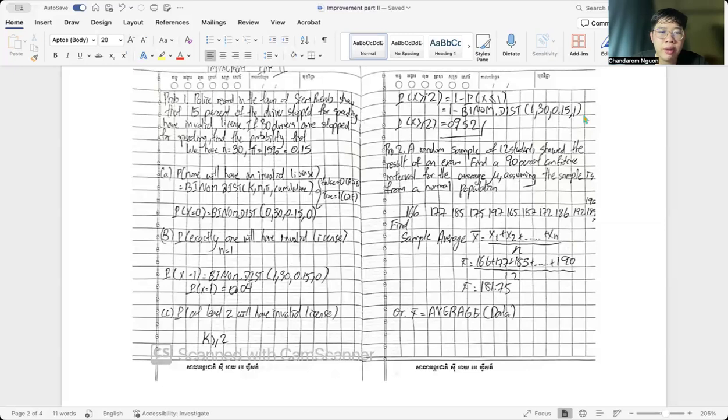Lastly, for part C, we have to find the probability that at least 2 have an invalid license, which is P(X ≥ 2). To calculate it, we need to use the complement rule. P(X ≥ 2) = 1 − P(X ≤ 1).